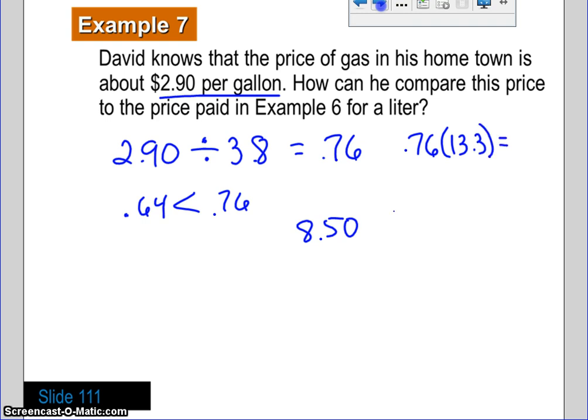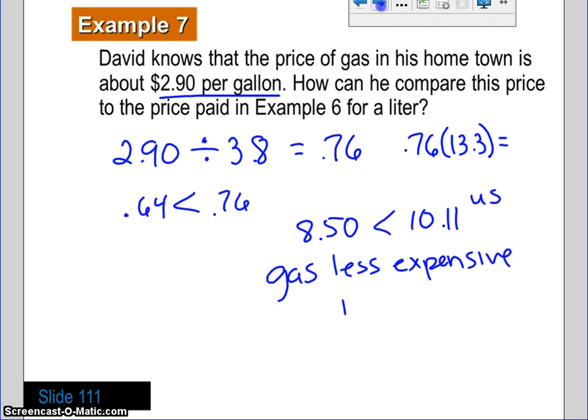We get that it was 10.11 pesos if purchased in the U.S. So how can we compare it? We can say that gas is less expensive, at least for this example, in Mexico.